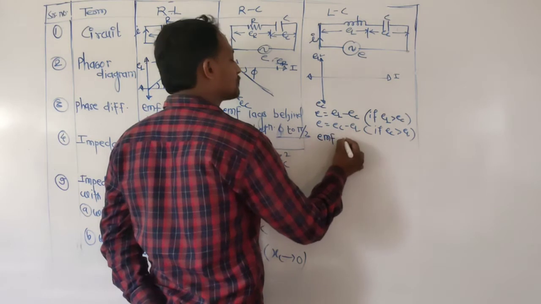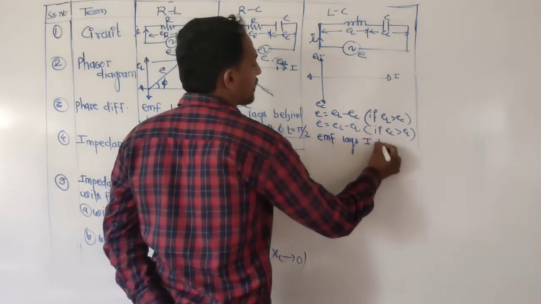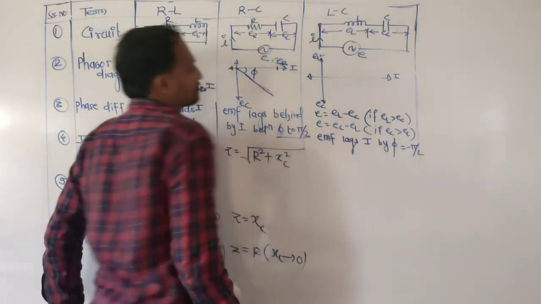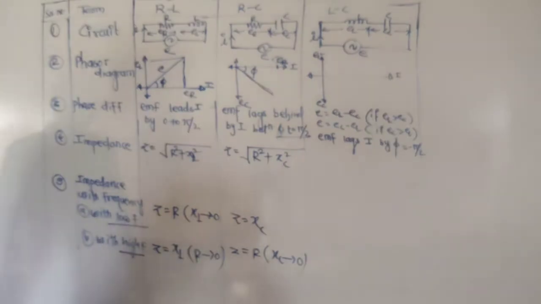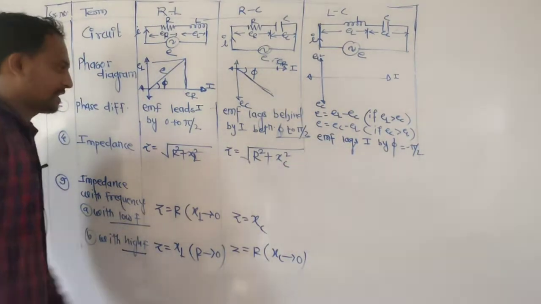EMF lags current I by phi equal to minus pi by 2, which is in the negative direction.